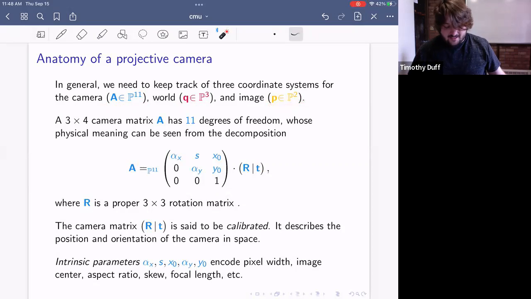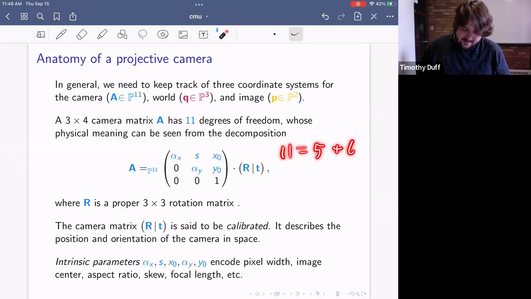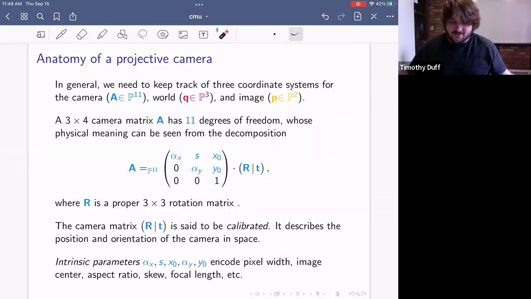And so you might wonder, okay, I know the world is 3-dimensional and the image is 2-dimensional, but what about the camera? Is there some interpretation of this number 11? And there actually is. It's that 11 equals 5 plus 6. And 6 counts the rotational and translational degrees of freedom for the camera.